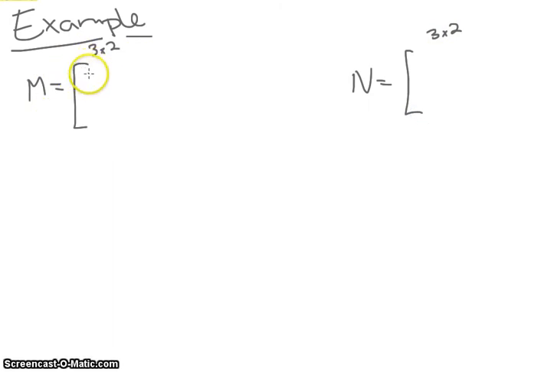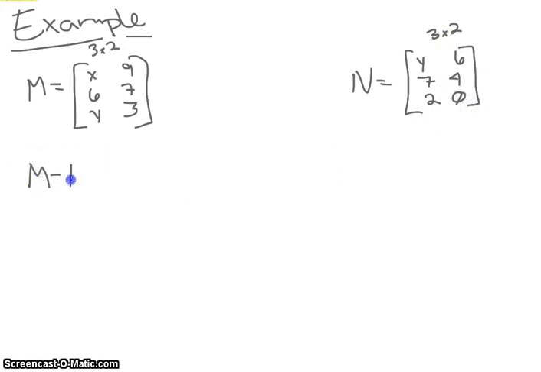So we'll have X, 9, 6, 7, Y, 3. So that's M, and then N will be Y, 6, 7, 4, 2, 0.